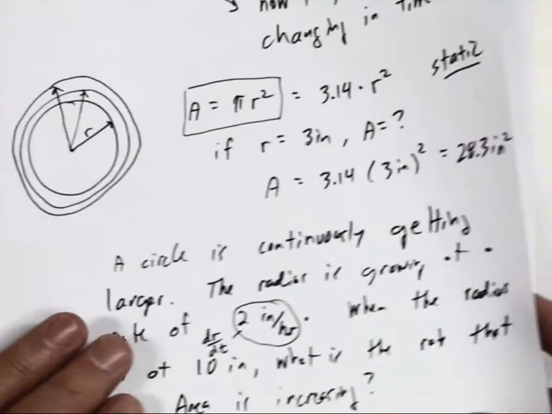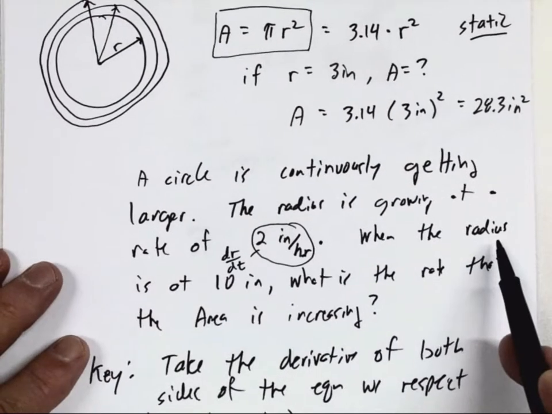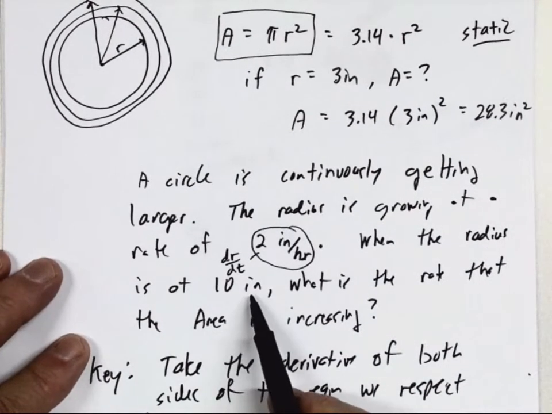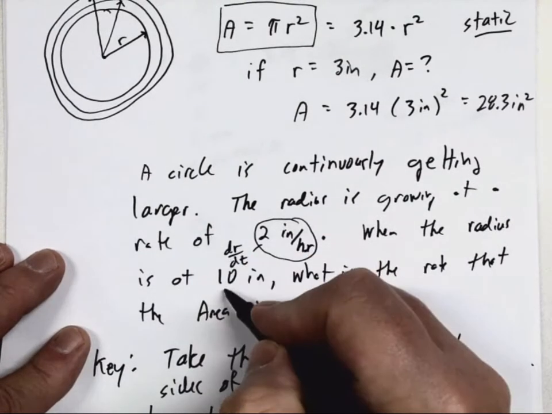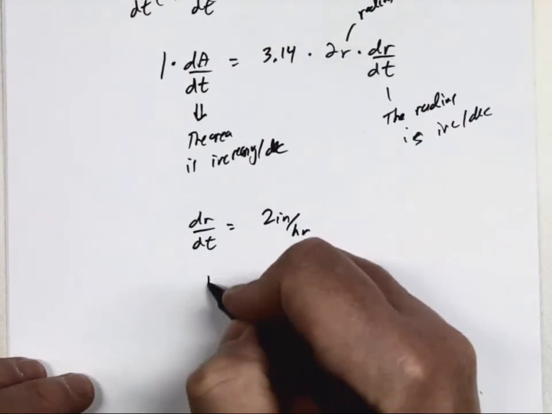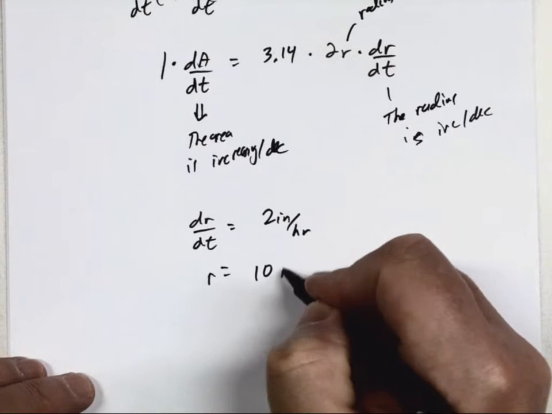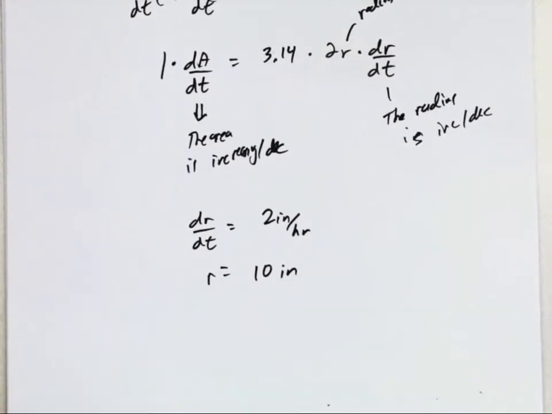I'll go back to my problem. When the radius is at 10 inches. So they tell me, let's look at the situation where right now the radius is at 10 inches. Well, that means that I can set r equal to 10.